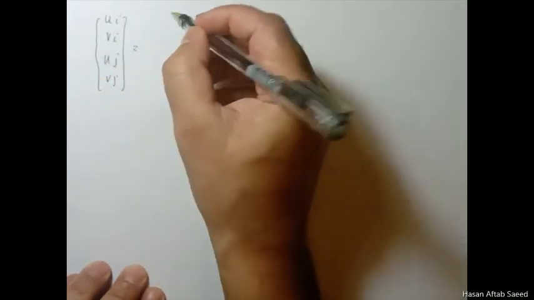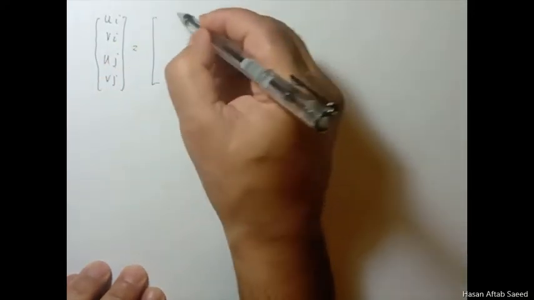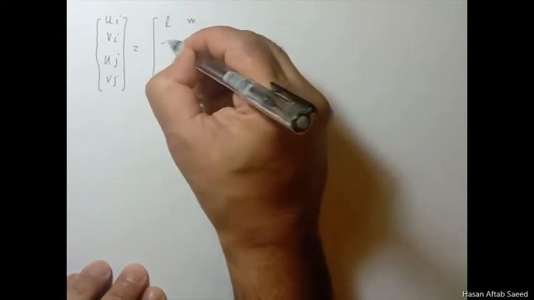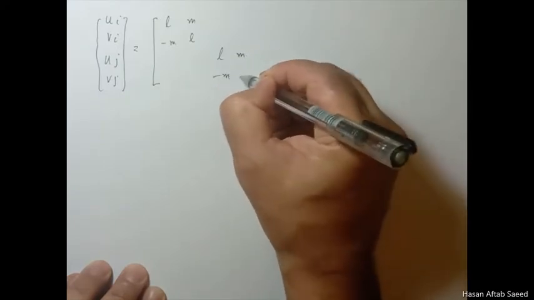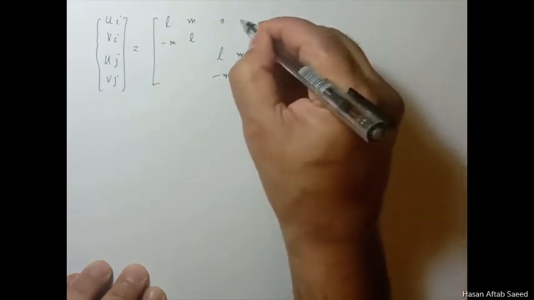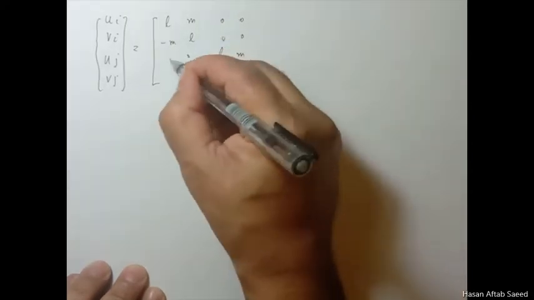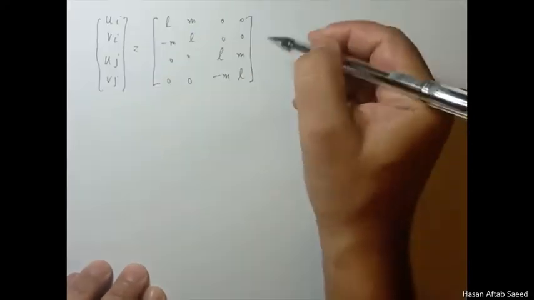But now here we have UI, VI, UJ, VJ, because there are two now. For UI, VI we already know what the transformation law is, Lm minus ml. Here also you will have the same law, don't need to derive all over again. Here we have zeros, we don't need any values here.